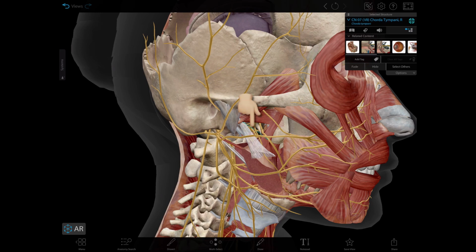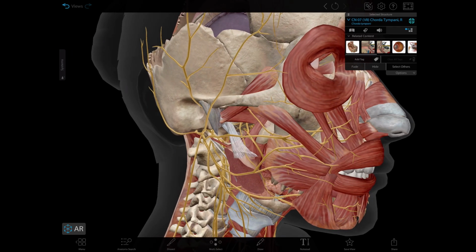This structure contains special sensory fibers for taste, for the anterior 2/3 of the tongue, and preganglionic parasympathetic fibers. The preganglionic parasympathetic fibers terminate in the submandibular ganglion, and the postganglionic parasympathetic fibers from the submandibular ganglion supply the submandibular and sublingual salivary glands.